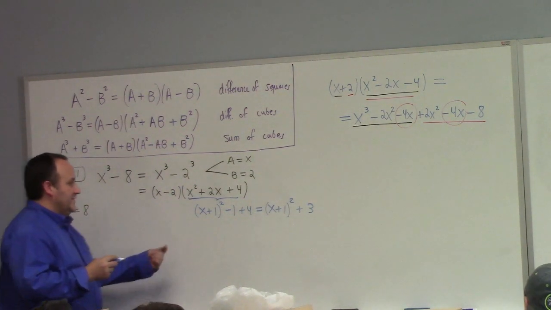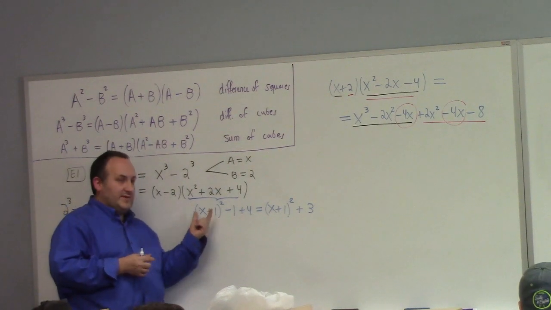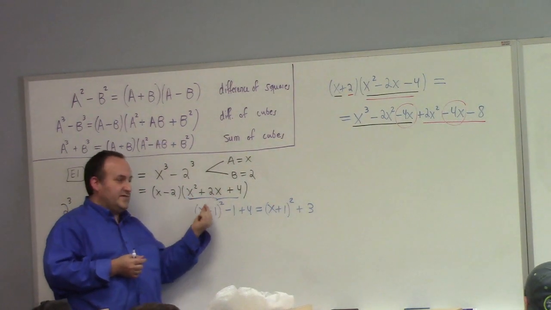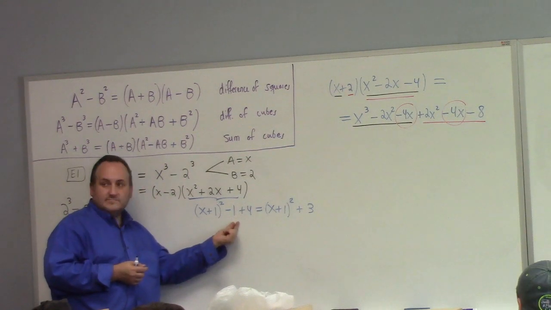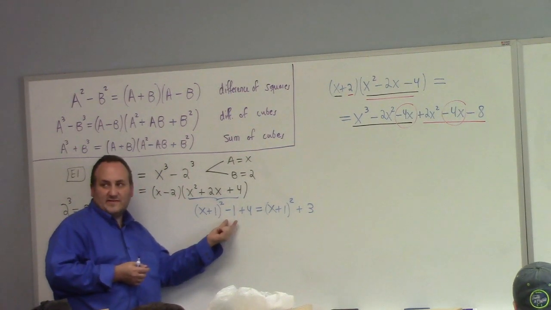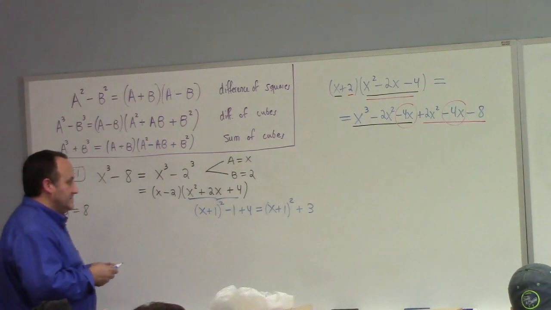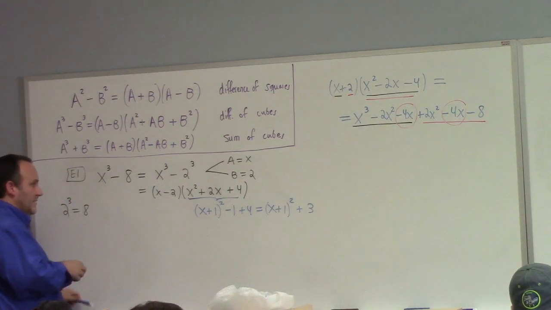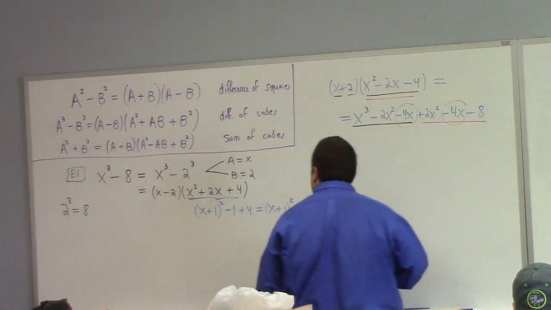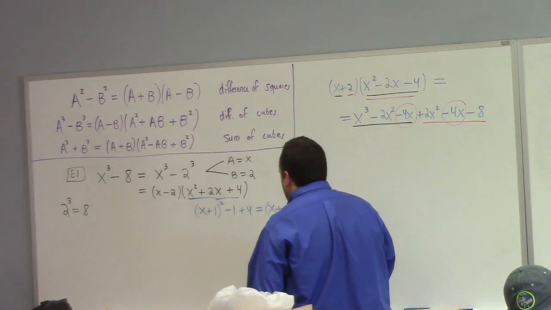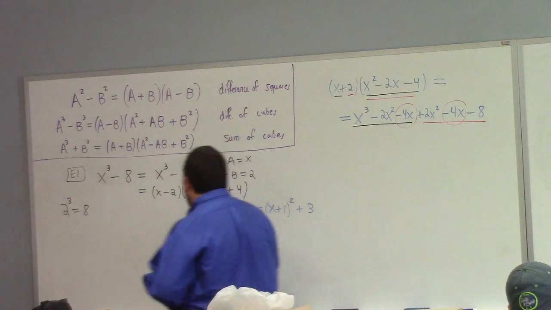Oh, I don't though, because that's the method of completing the square. We take half of the x coefficient, we add it to x, we square that, so we subtract 1. That's not inside the square. But the one I'm talking about is in a different section. Well, you'll have to tell me later, Michael.